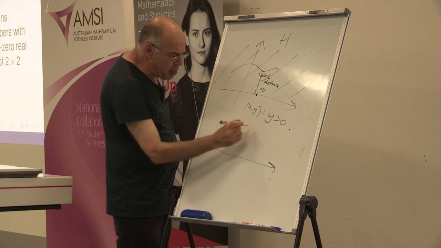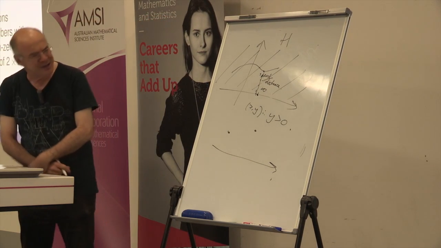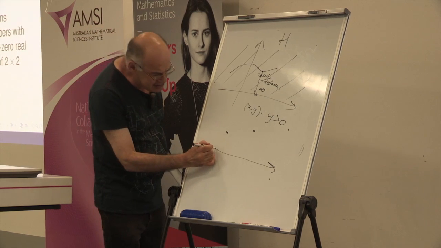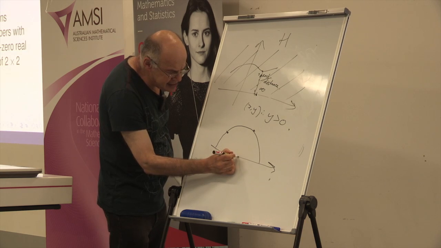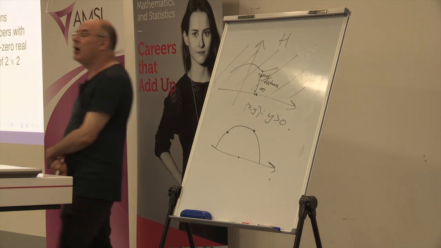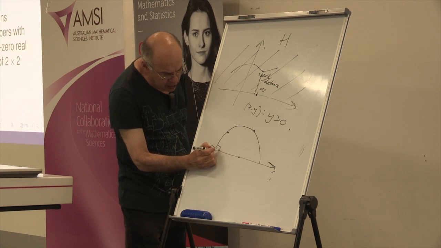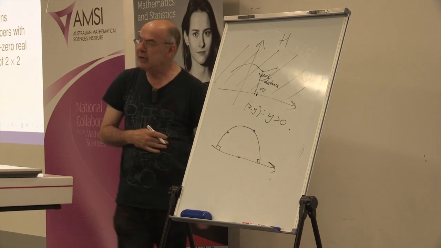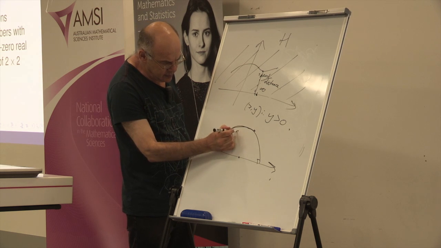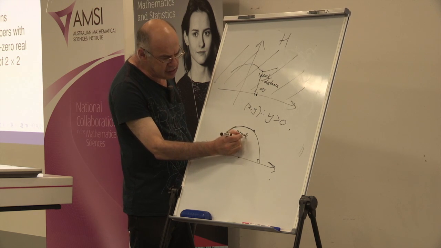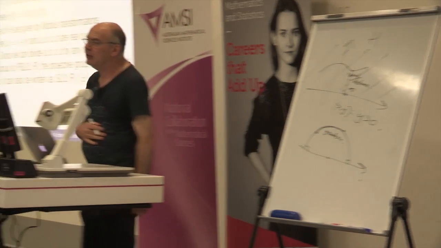If I have 2 points and I want to join them by a shortest path, what I do is form a circle which has its centre on the ideal boundary. So the circle will be perpendicular to the ideal boundary, and this arc here is the geodesic. That's the unique shortest path between 2 points in the hyperbolic plane.